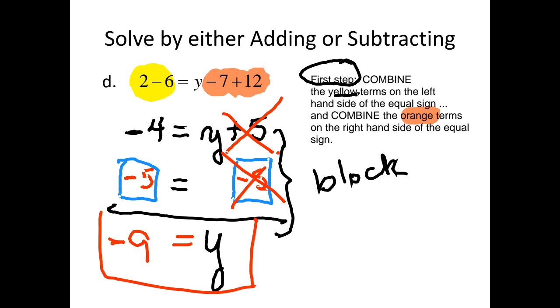Now, this is asking you to add or subtract. Well, now we're going to get into a little more. We are going to be asked to multiply, or we're going to be asked to divide. Well, how do you know which one you're going to do?